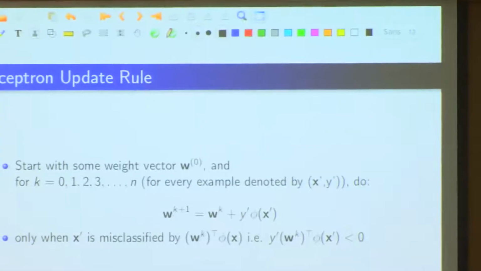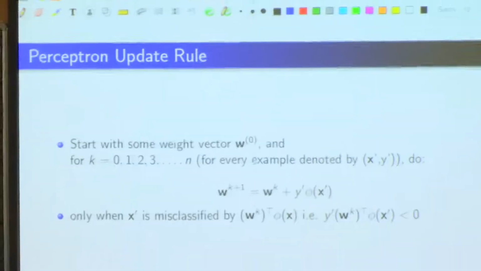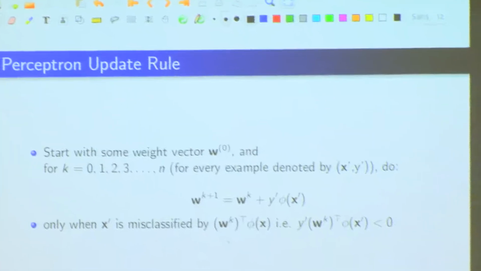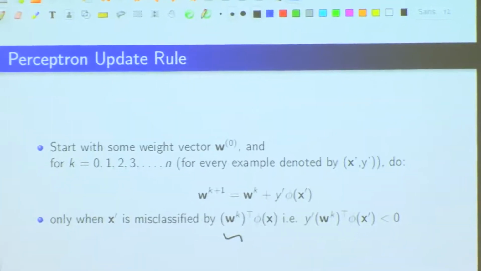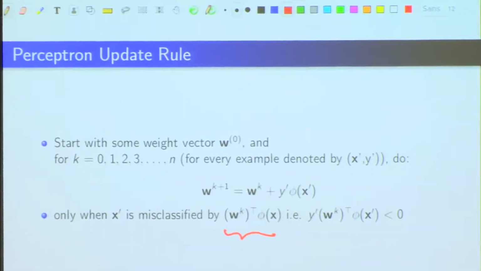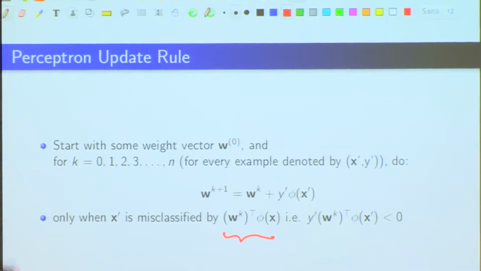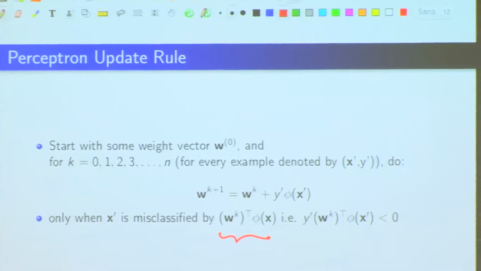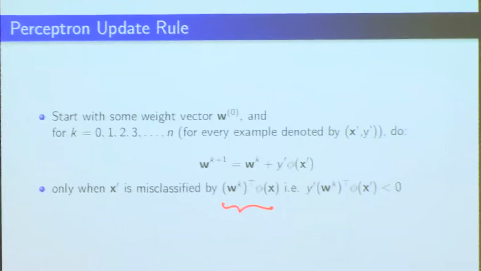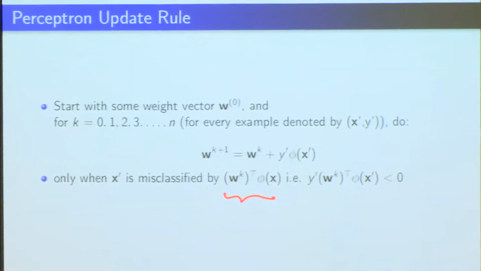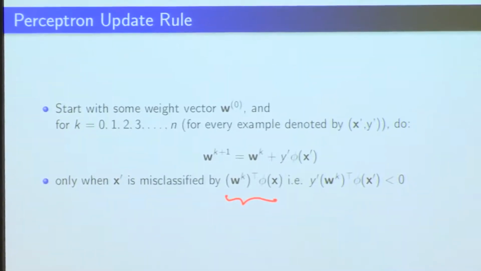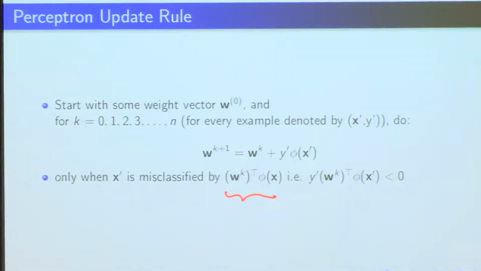We motivated this perceptron update rule using this misclassification condition. What is the misclassification condition? W transpose phi x at the kth iterate should be on the wrong side, which is y times W transpose phi x should be less than 0.